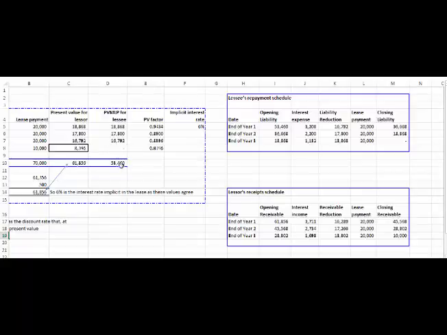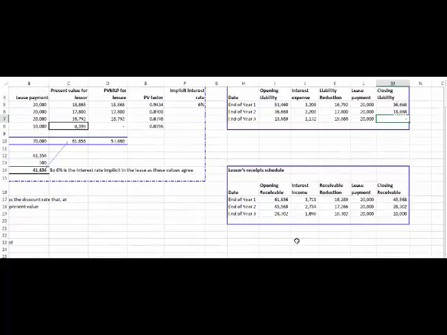They're not committed to it, so their liability is only the 53,460. Their minimum lease payments in present value terms, what must they pay over the 3 years, is 53,460. So your lease payment schedule, interest, liability reductions for those 3 lots of 20 grand, your closing liability at the end of year 3 is 0.